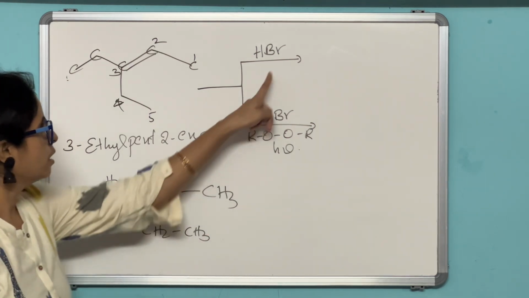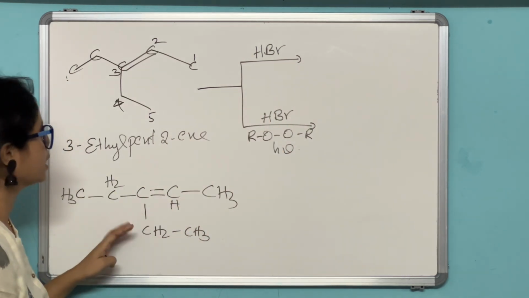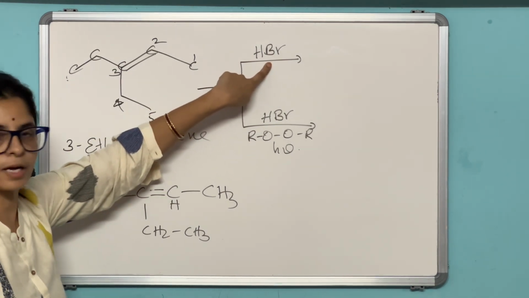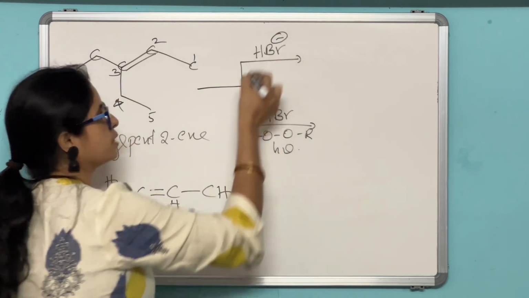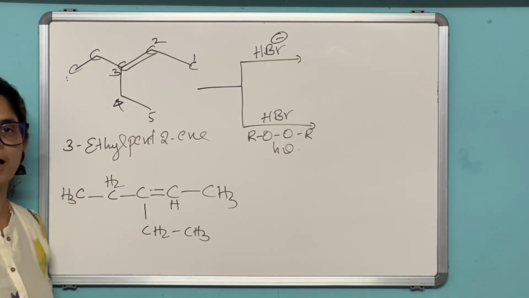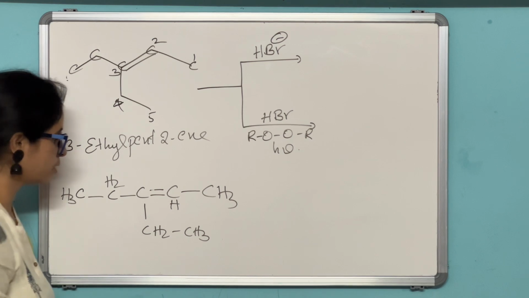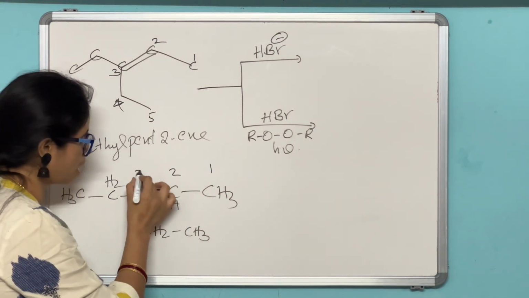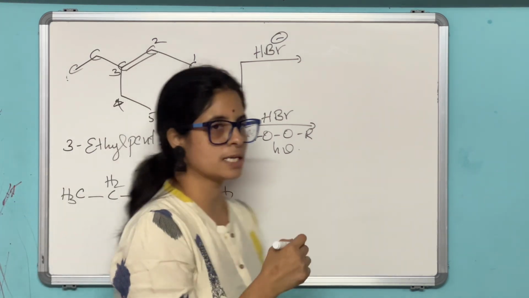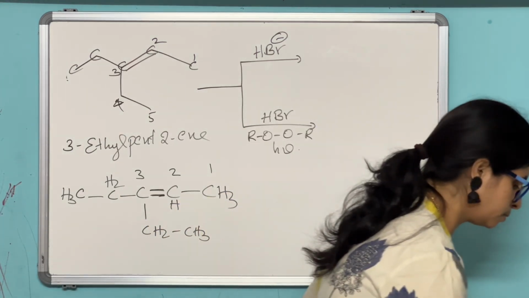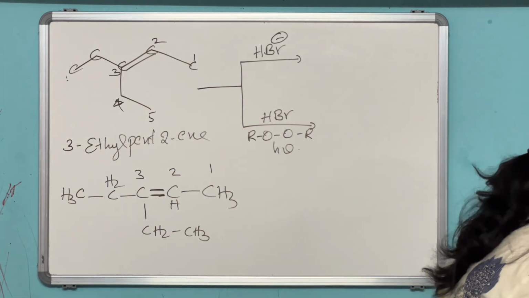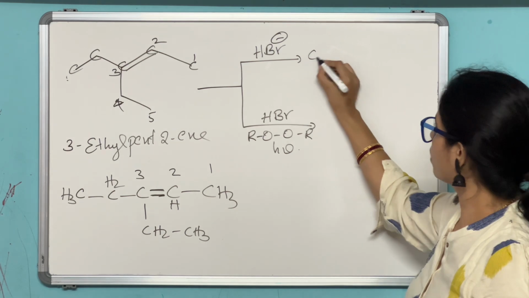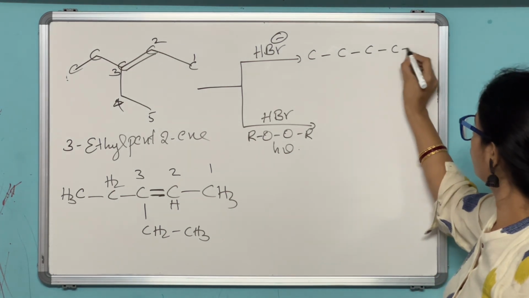Okay, now HBr, what is the product here? HBr without peroxide follows Markovnikov's rule. The negative part of the addendum is added to the carbon containing less number of hydrogens. So here the pi bond is between these two carbon atoms, 2 and 3. To write the product, you first remove this pi bond. 1, 2, 3, 4, 5.